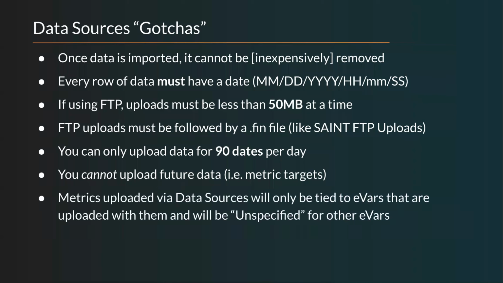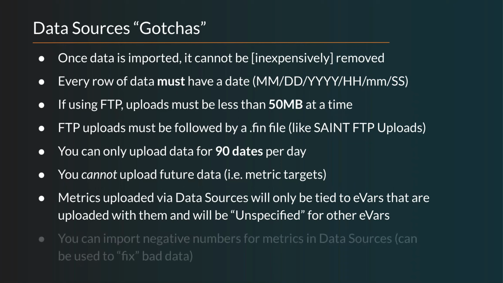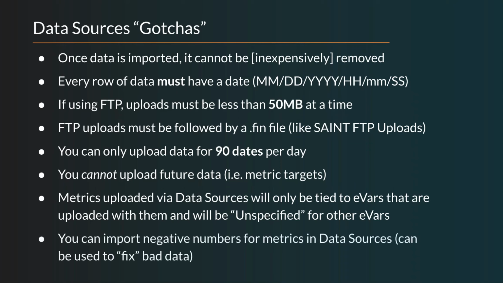The metrics that you upload will only be tied to the eVars that are uploaded with them, which means that any metrics that you upload will show up as unspecified for any other eVars that aren't uploaded with them. And that makes sense because Adobe just doesn't understand how to retroactively figure out what eVar values to go with that. And you can import negative numbers into metrics, which sometimes people use to fix mistakes that they make.